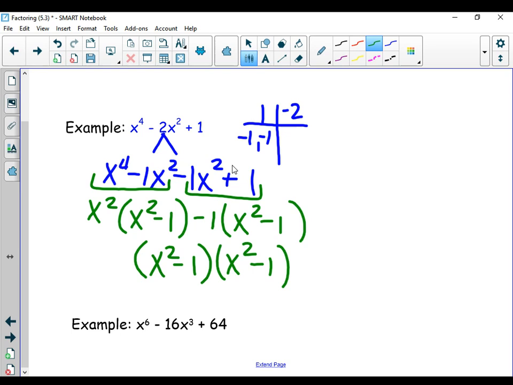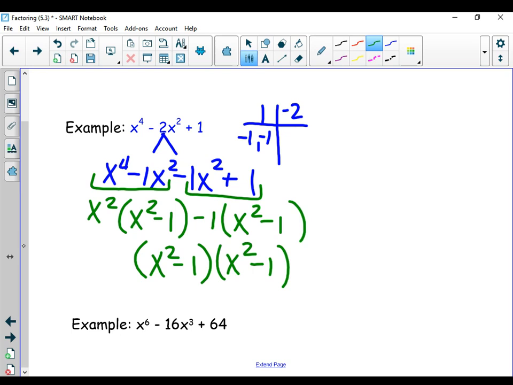Am I done? Yes? No? Am I done with that problem? I'd say no. That's the difference of squares right there. Square root of x squared, square root of 1.